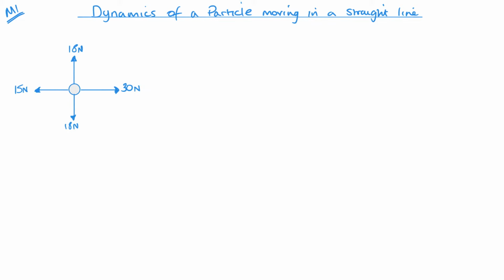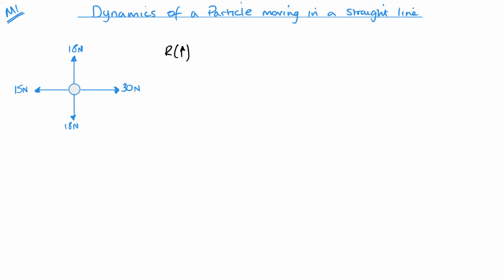Here we have a particle with a series of forces acting on it, and what I want to do is first just find my resultant force and then describe the direction or what's happening to the particle. So if I resolve my forces first vertically, we just put an R for resolving and an arrow in the direction we go in.